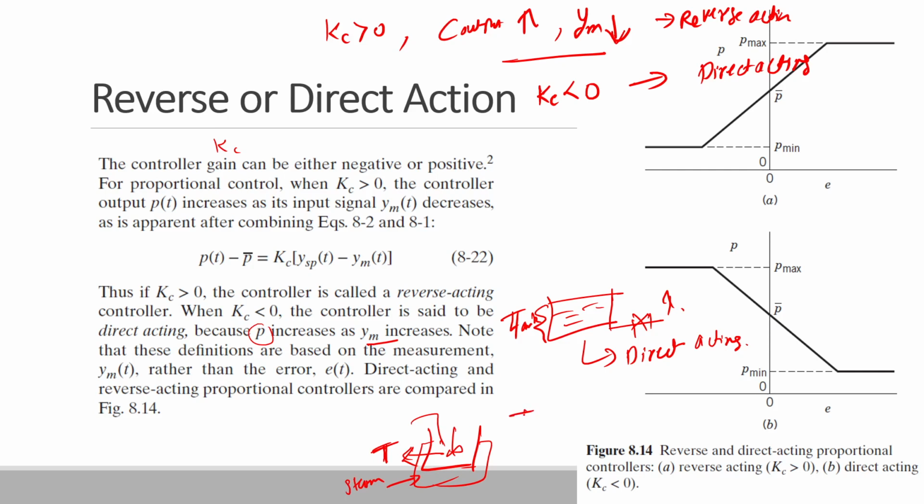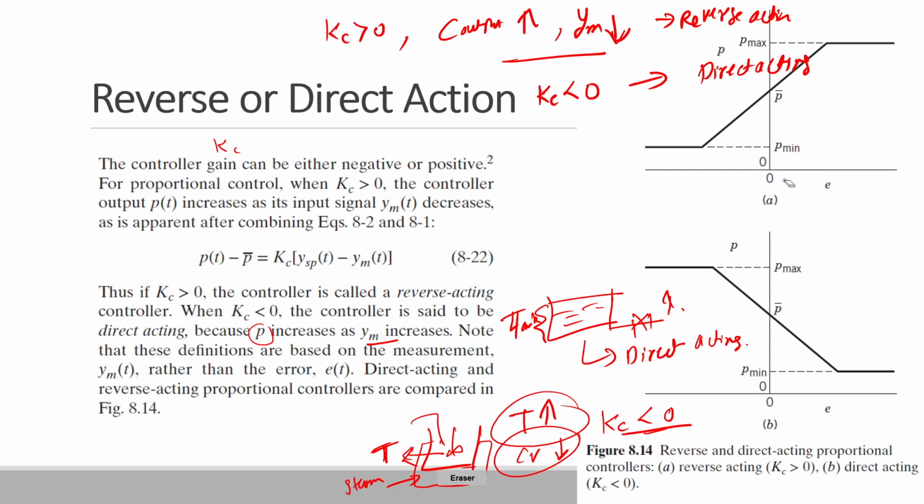So if the temperature of the system increases, we need to control the temperature of the reactor. That is, we need to decrease the steam input to the system. So what we will do is close the control valve. Such a kind of system will become reverse acting, and in such a case the Kc value will be greater than 0. So that is what we mean when we say reverse action or direct control action.